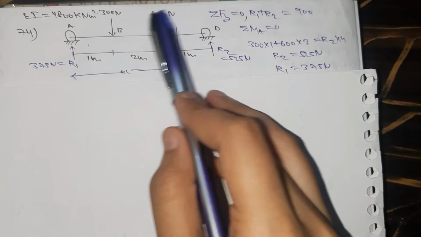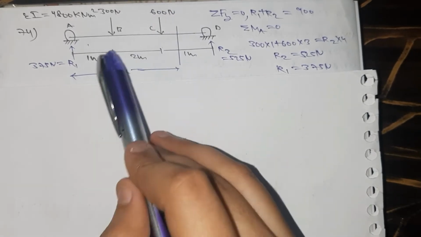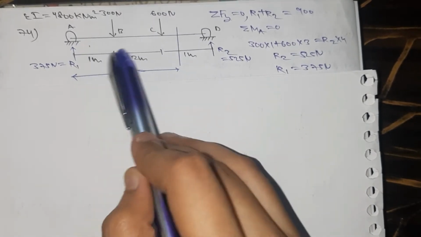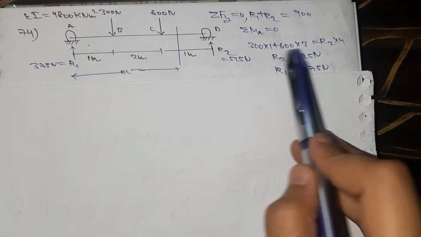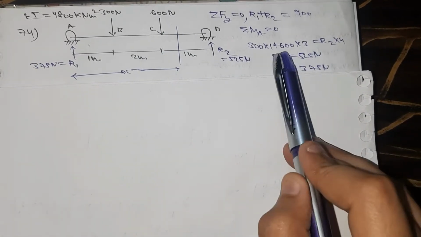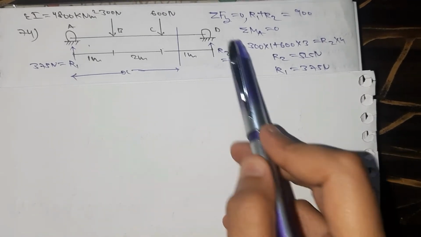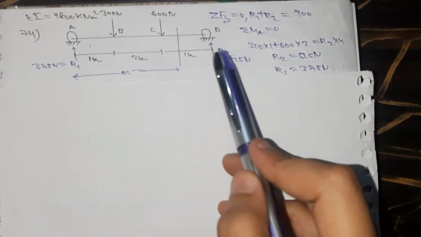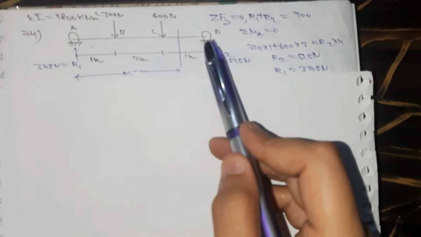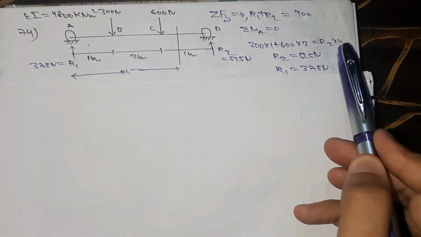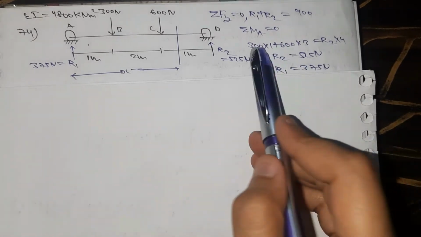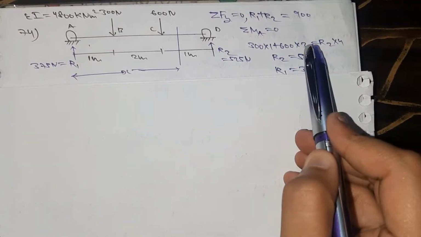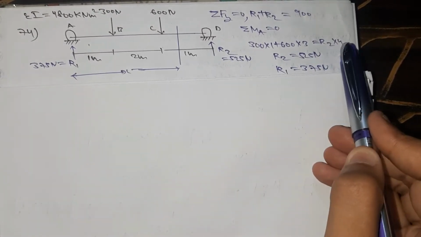Another moment is given by 600 Newton into 2 plus 1, that is 3, so 600 into 3, again clockwise. But R2 gives us an anti-clockwise moment, which I have written on the right hand side. These are clockwise moments and this is an anti-clockwise moment.